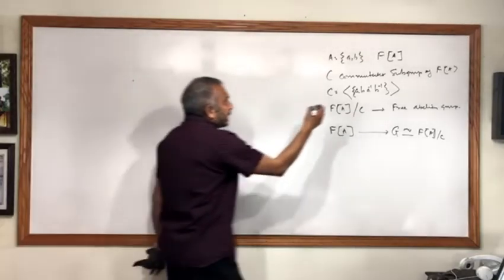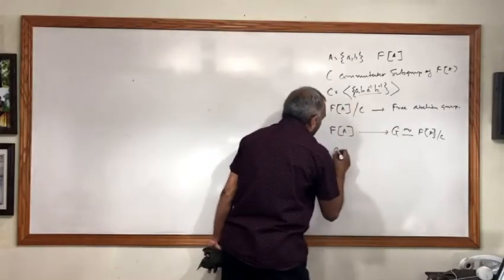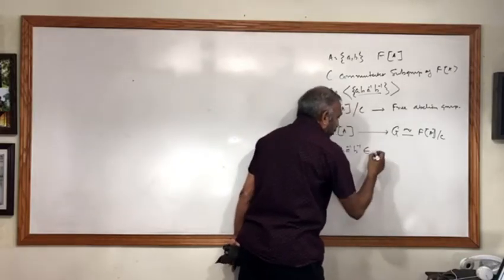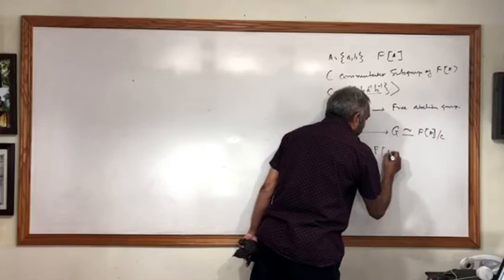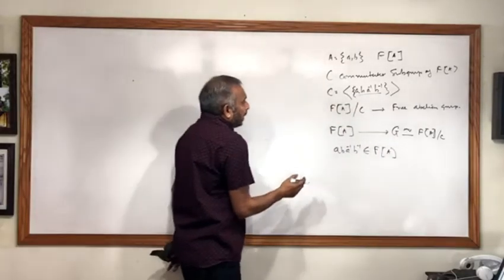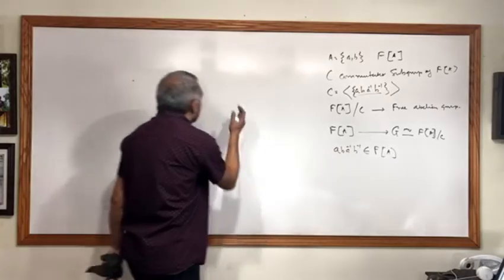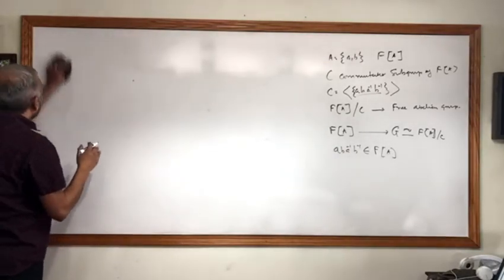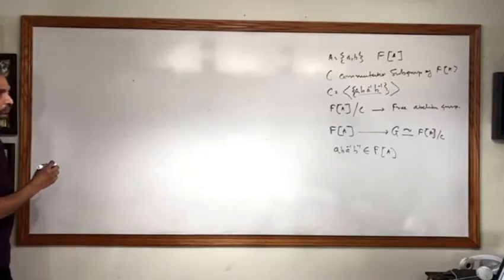Okay, and this element A inverse B inverse actually belongs to f of A. This is the idea we are going to use to generalize to get the group presentations.